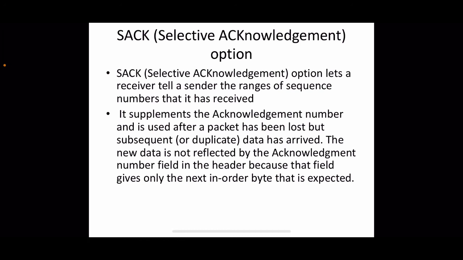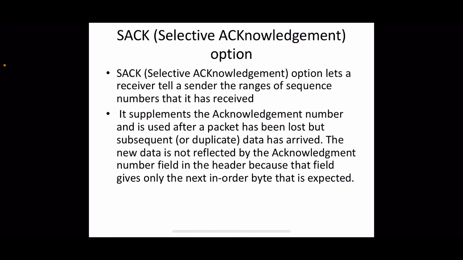SACK is used after a packet has been lost but subsequent data has arrived. Just for example, suppose packet X is lost and X plus 1, X plus 2, X plus 3 are received correctly at the receiver. In that case, what should be the acknowledgement number on receiving X plus 1, X plus 2, etc.? Still the acknowledgement number will be X, because the receiver is telling that I want X as the next in-order byte. It is always expecting the bytes in order.